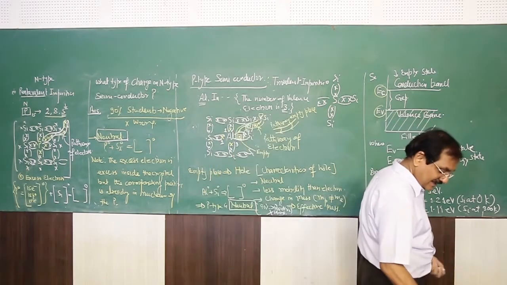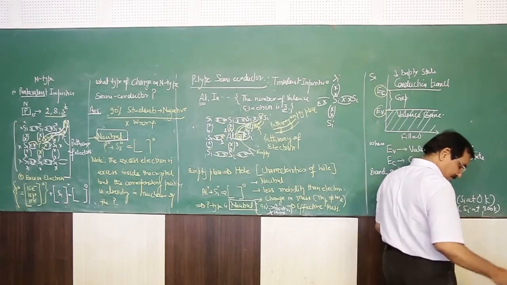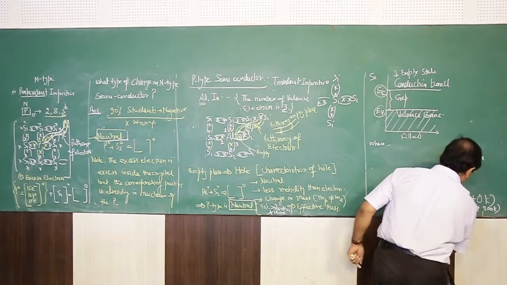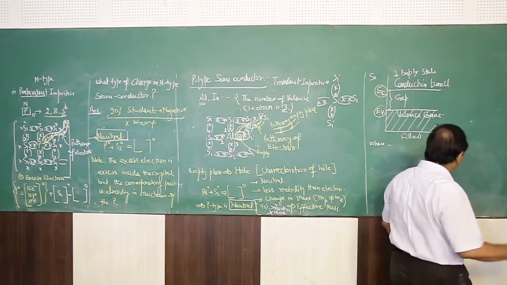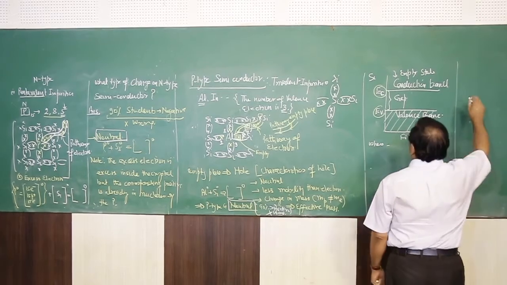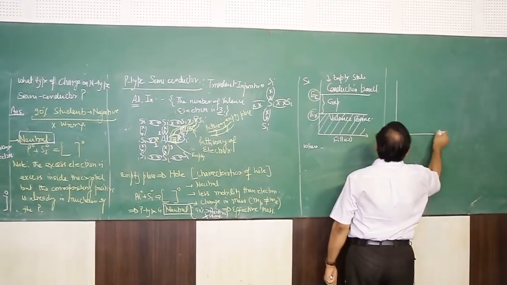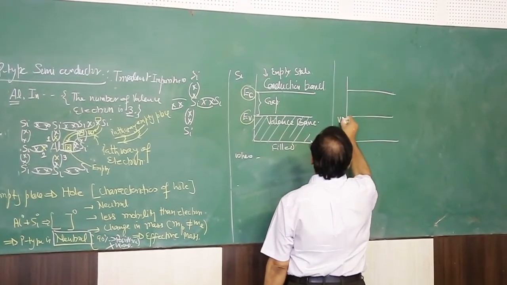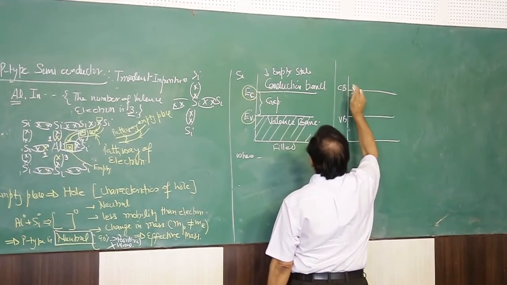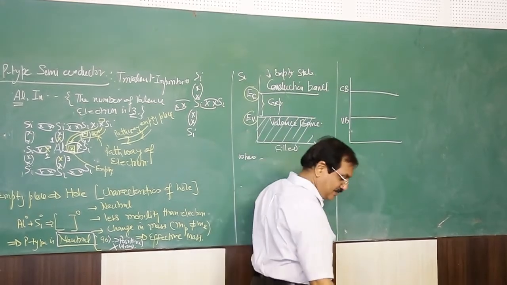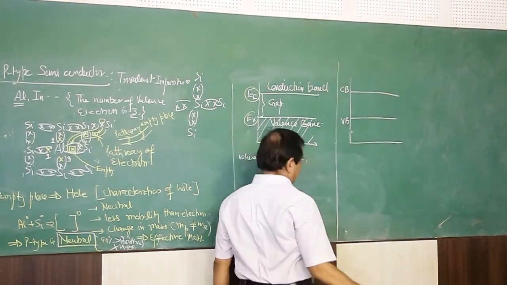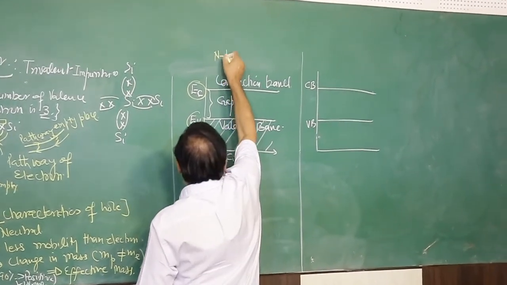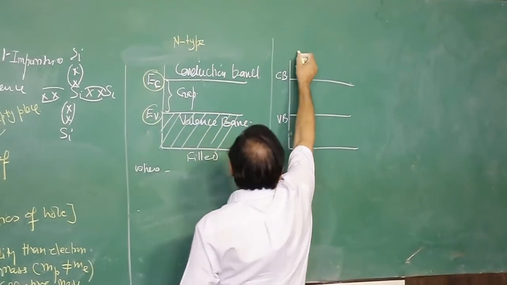If we draw the energy level curve, then the energy level curve of this p type and n type is something like this. This is the valence band, here it is the conduction band. You take this one as n type, and here it is p type.